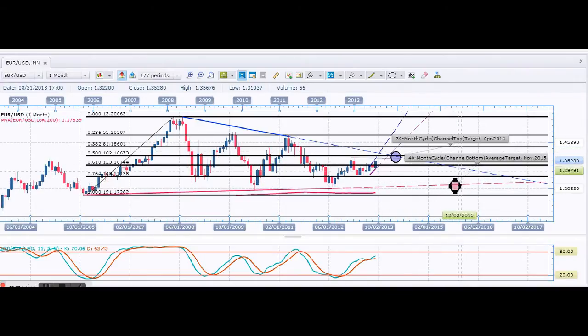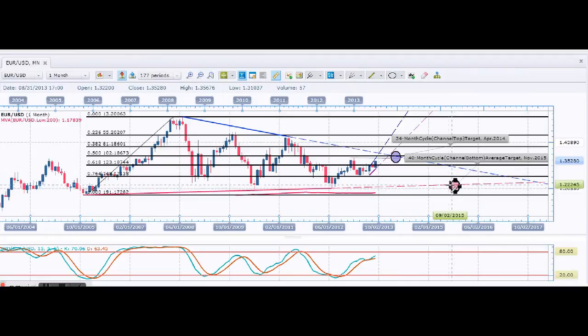Now at this point, this distance seems very small. In fact, it's really about 900, or nearly 1,000 pips. So plenty of moving space here. However, over a month, 900 pips is not necessarily a huge distance.